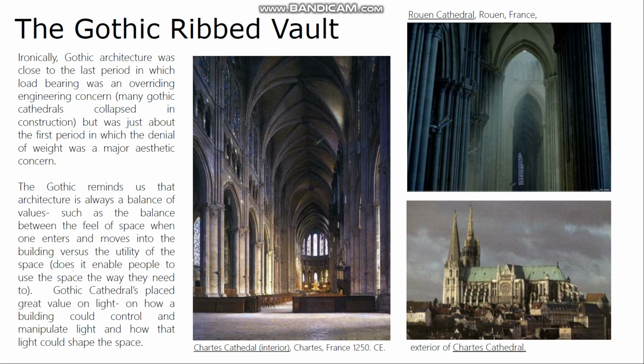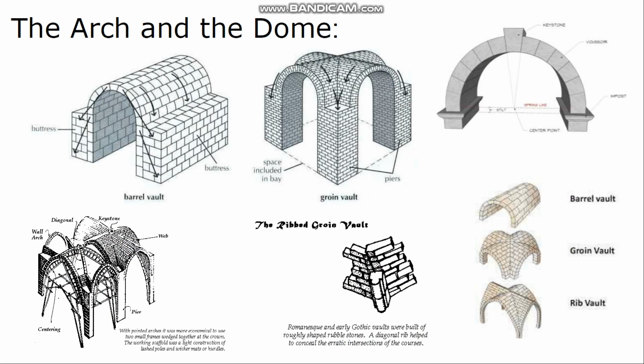Let me go back just for a second: in a perfect circular barrel vault meeting, you have certain limitations. One of the limitations is that both barrel vaults have to be the exact same height. They have to match perfectly in order for them to connect, and they also have to be perfectly perpendicular to each other in order for them to connect.